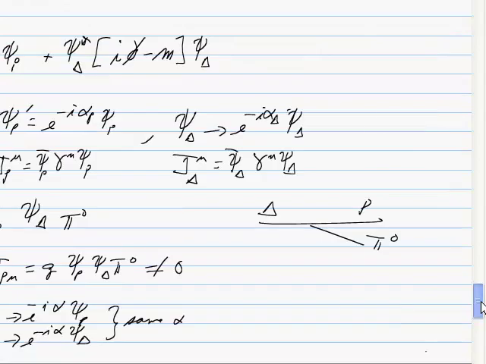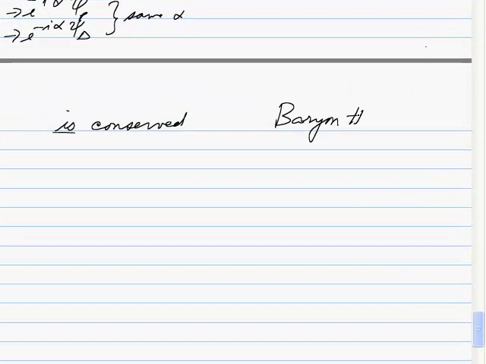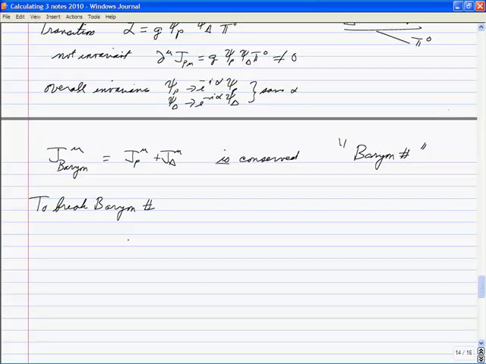Okay, so looking at the Lagrangian, looking at these pieces, you can tell what's conserved, what's not. And you can even break the baryon number. Okay, so this is baryon number, typically called. To break baryon number, you can write a perfectly good interaction.